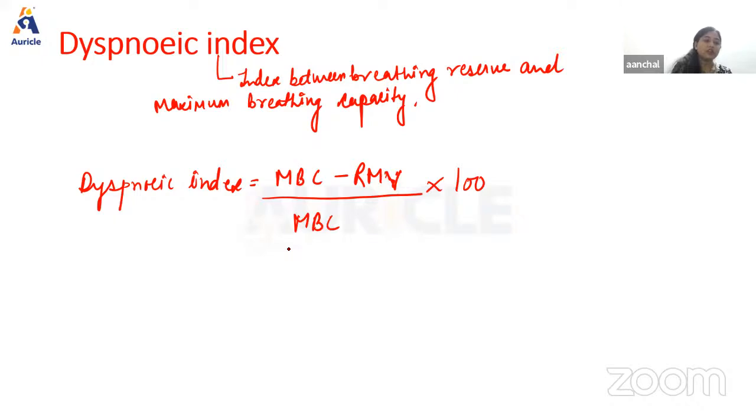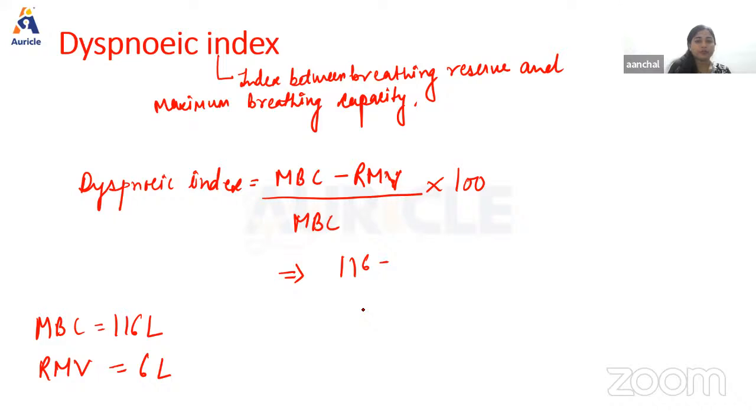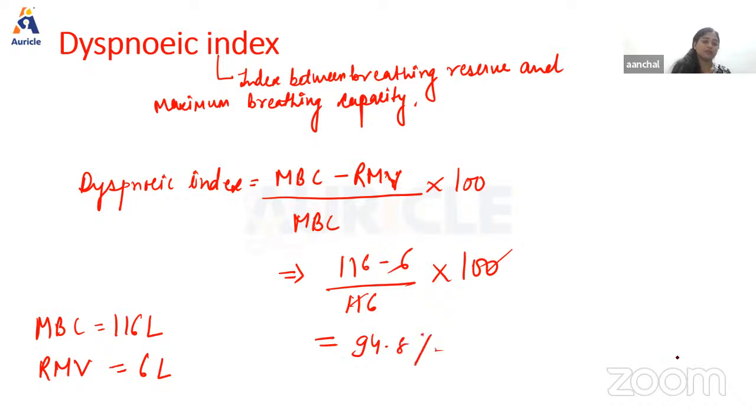Suppose a normal subject whose MBC is 116 liters and RMV, respiratory minute volume, is 6 liters. Here we can calculate it using this formula, so it will be around 94.8%. Dyspnea develops when the dyspneic index decreases below 60%. So this is all about this.